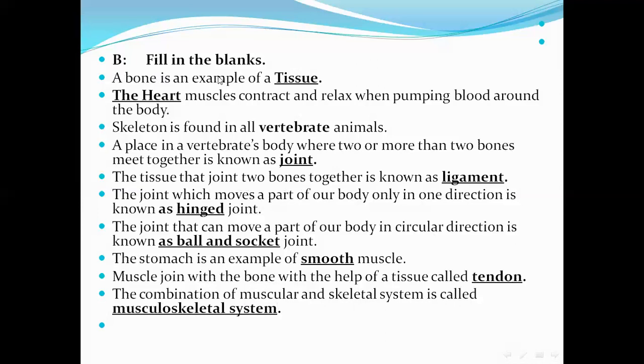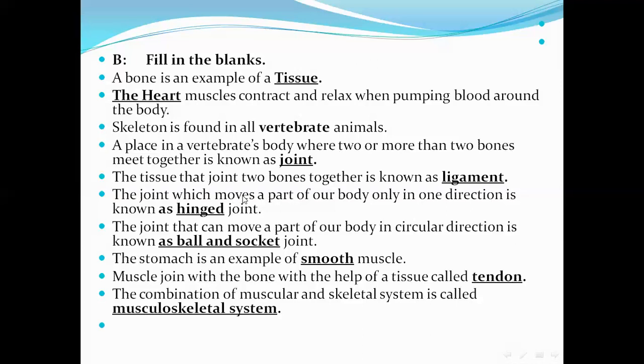First one, a bone is an example of a tissue. The heart muscles contract and relax when pumping blood around the body. Skeleton is found in all vertebrate animals. A place in a vertebrate body where two or more than two bones meet together is known as joint. The tissue that joins two bones together is known as ligament.